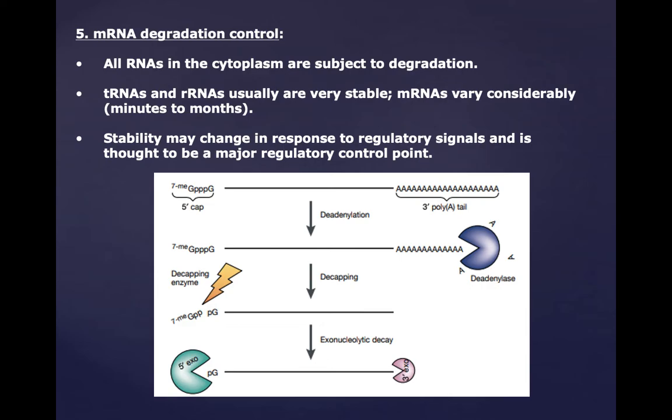And again, thanks to the protective elements such as the methyl cap and the tail, our mRNA is protected from 5' exonucleases and 3' exonucleases that can degrade the molecule at both ends. If the cap and the tail are absent, these two exonucleases can partake in the process of degradation.